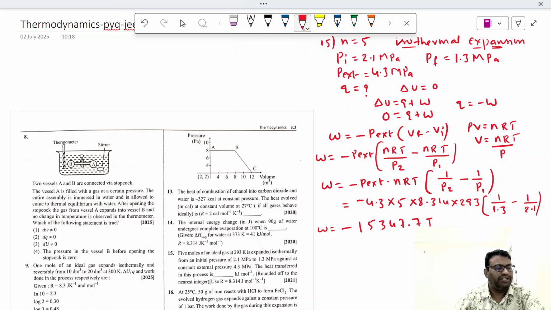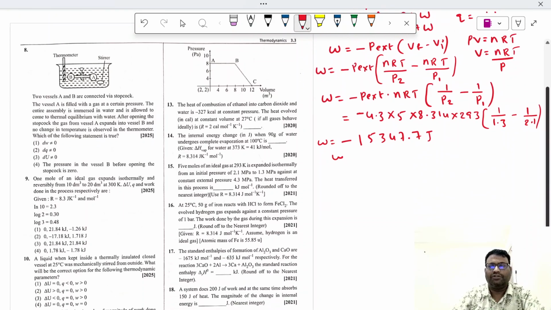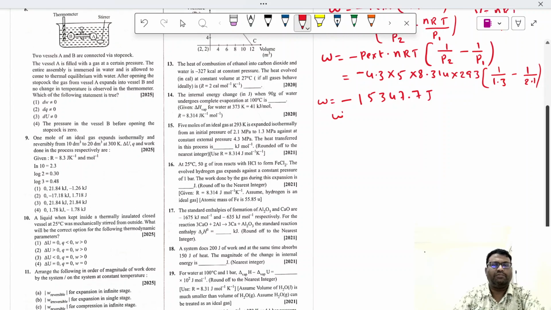If you want to convert it into kilojoule, then work done will be equal to minus 15347.7 into 10 power minus 3 kilojoule.